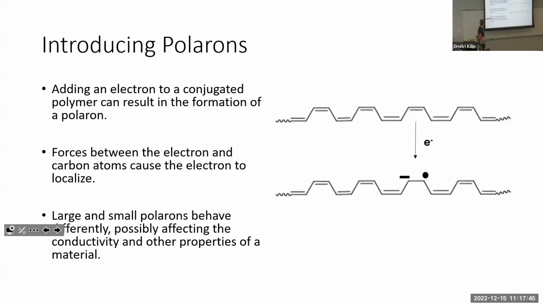Polarons can be formed in a lot of different compounds, but in a conjugated polymer, when you inject an electron into it, the forces between the electron and the carbon atoms, which are acting as ions, will cause the electron to get trapped in a certain spot in that polymer.